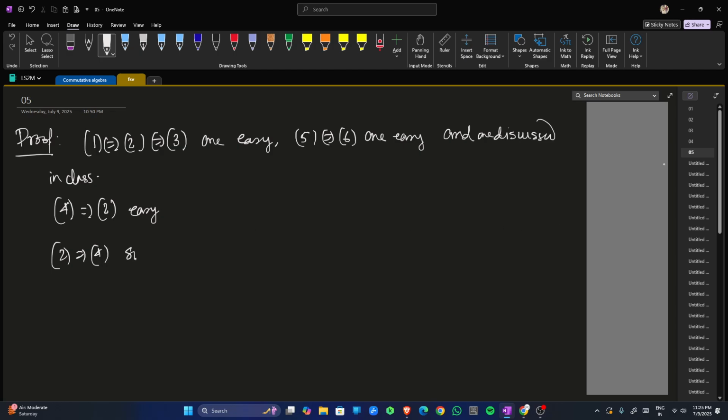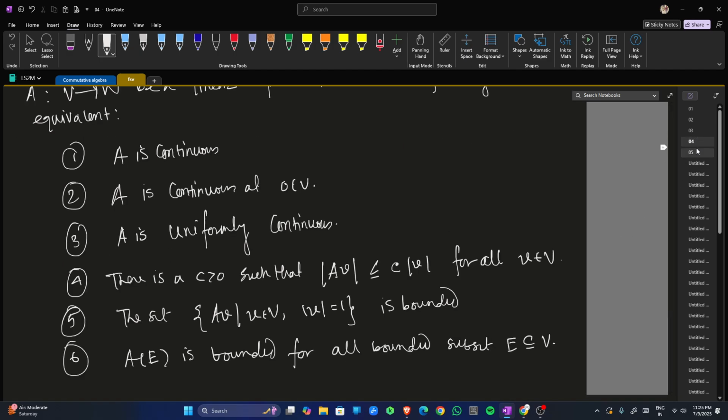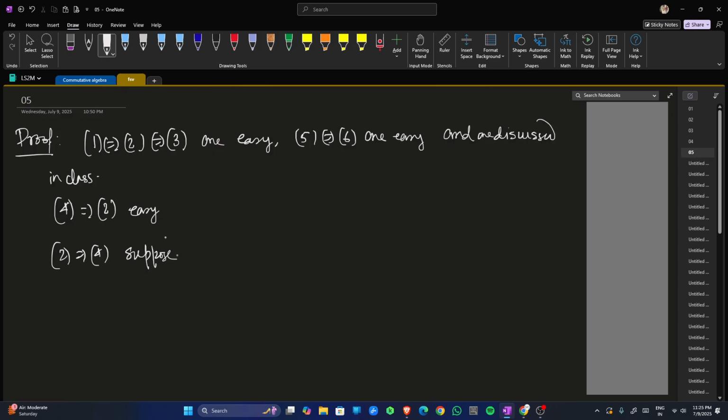Suppose, what is 2? 2 is continuous at 0. Suppose A is continuous at 0. Let epsilon greater than 0 be any.